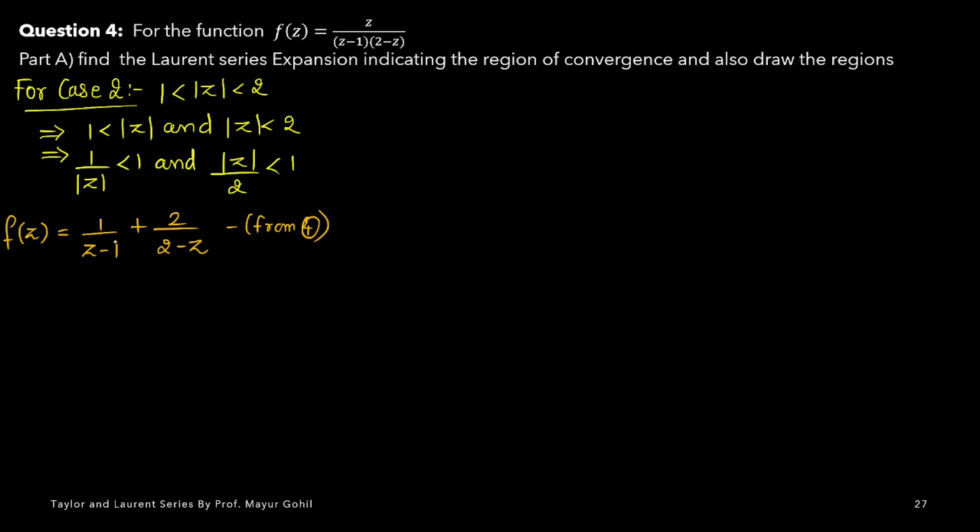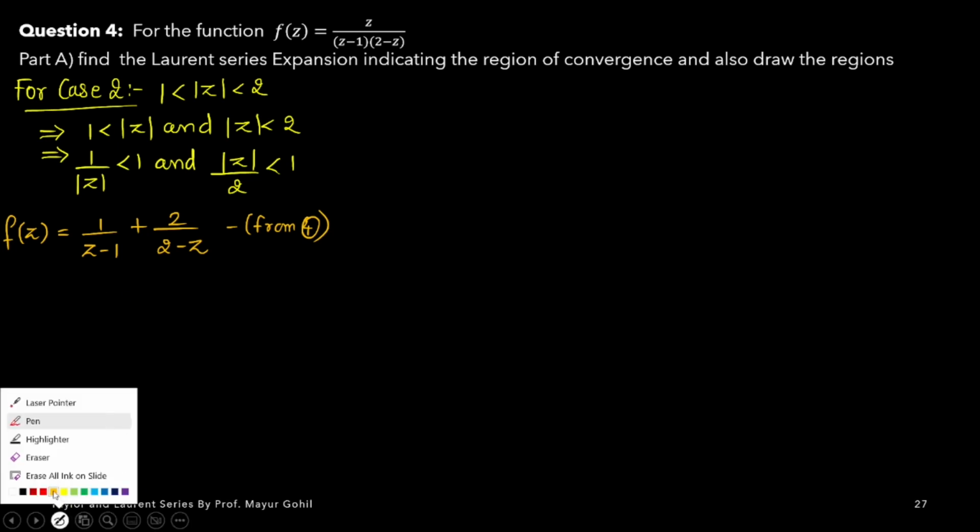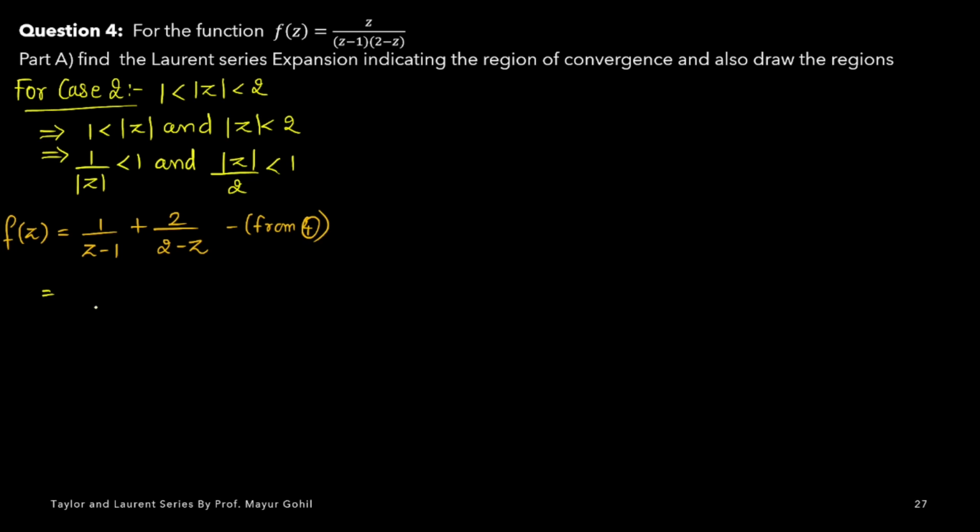What we need is 1 upon mod z and z upon 2 in the partial fraction, so let us settle that term properly. What will happen is we take z common. The moment I take z common, it becomes 1 upon 1 minus z. In the second part, there is no change at all, because when you take the 2 common, it is the same as the previous part. It will become 1 upon 1 minus z upon 2, just like case number 1.